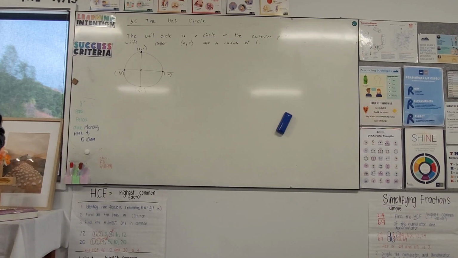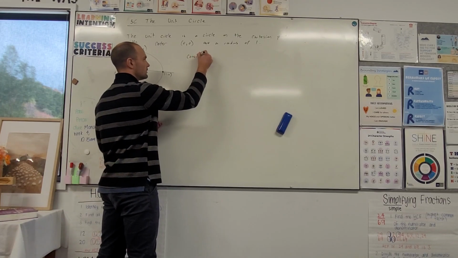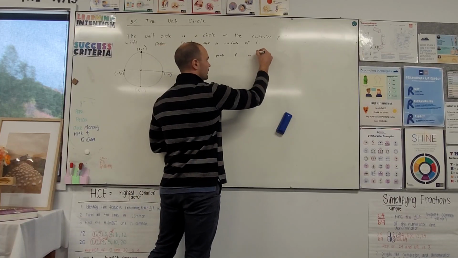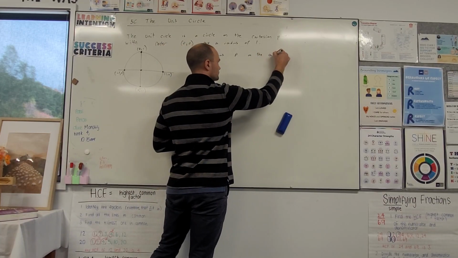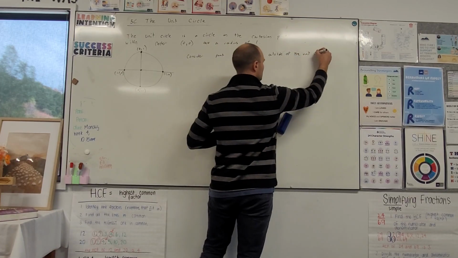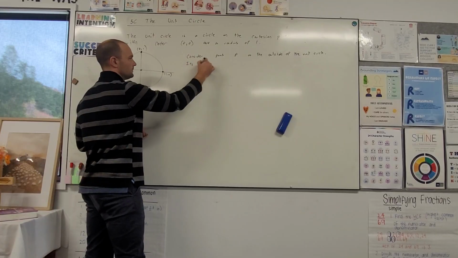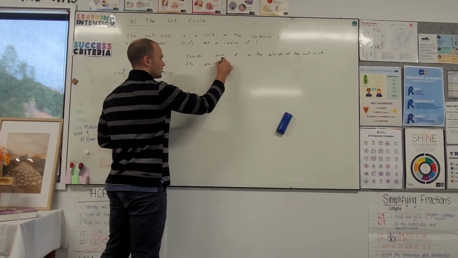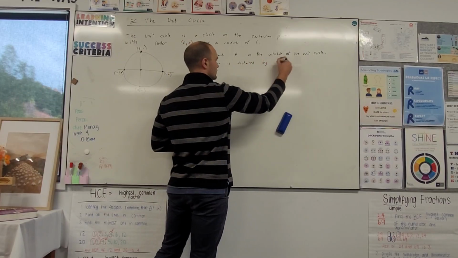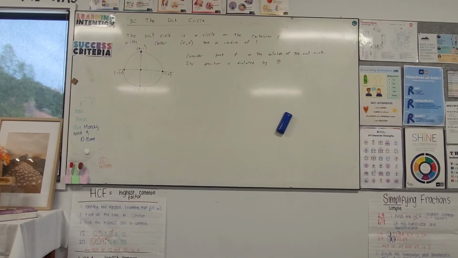Excellent. Now this is where the unit circle comes in. Consider point P on the outside of the unit circle. Its position is dictated by the angle theta. Okay, so I'll let you write that down and then we'll draw that on there.